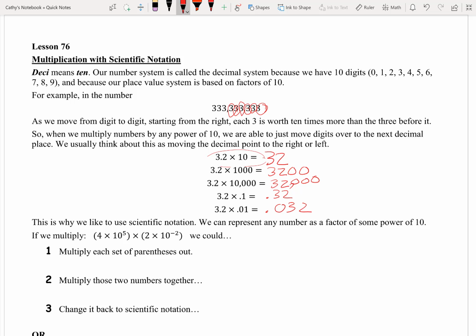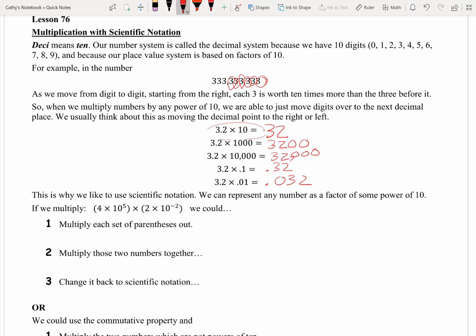That's only possible because of the way our place value system works, that each digit, as you go from left to right or right to left, is a power of 10 less or greater than the one before it. All right, so that's why we use scientific notation, because our numbers are easily written as a digit multiplied by a power of 10.